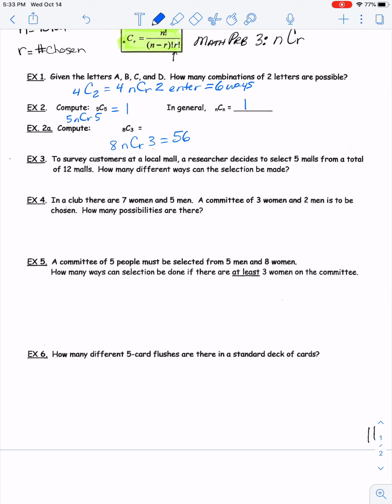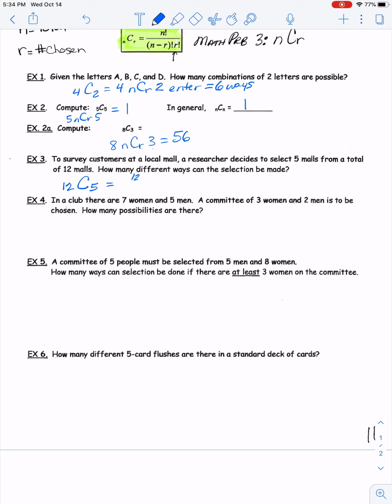All right, example 3. To survey customers at a local mall, a researcher decides to select 5 malls from a total of 12 malls. How many different ways can the selection be made? Well, we've got 12 malls. We want to choose 5 of them. No ranking, no order implied. So we'll just go with the C. Loading that in the calculator, we can certainly do that.